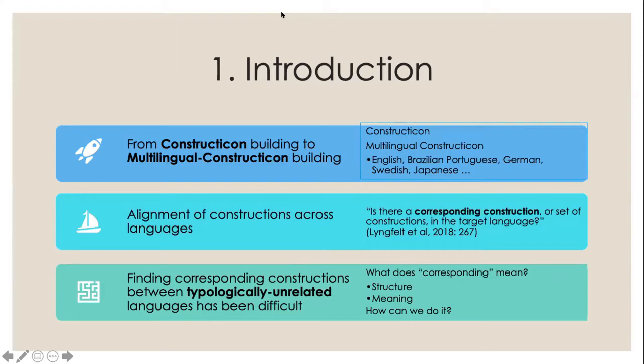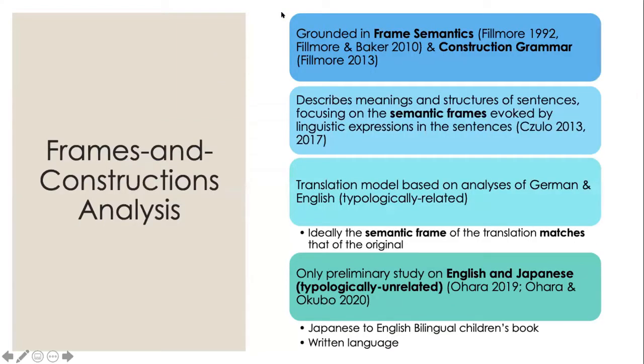And recently, a method called Frames and Constructions Analysis has been proposed. And this method describes meanings and structures of sentences, focusing on the semantic frames evoked by various linguistic expressions in the sentences. It is grounded in the theories of frame semantics and construction grammar.